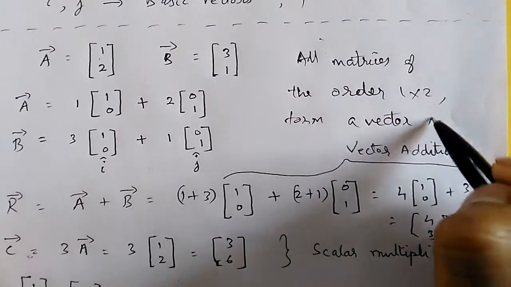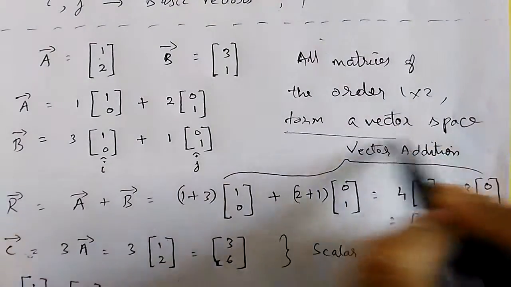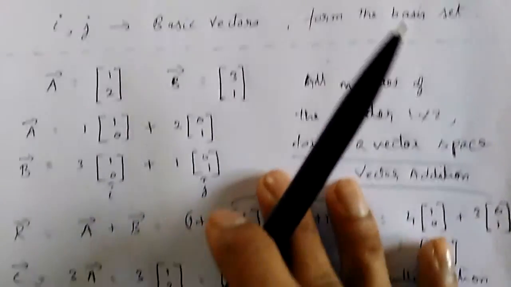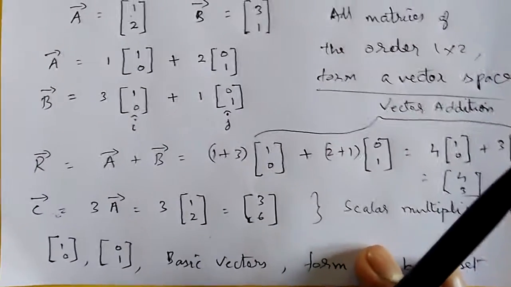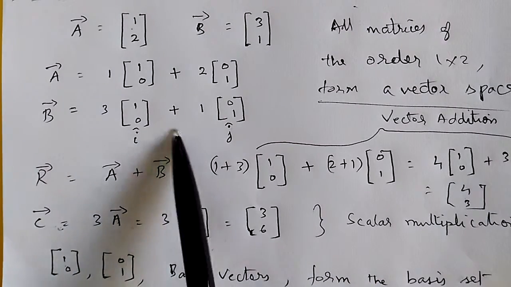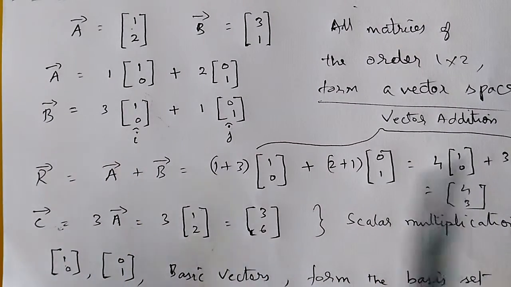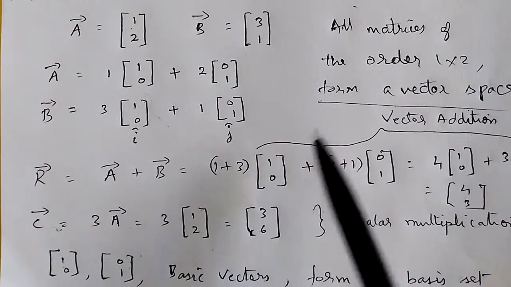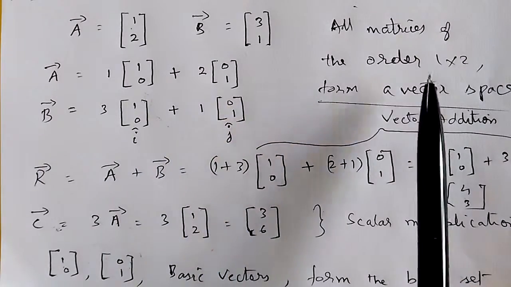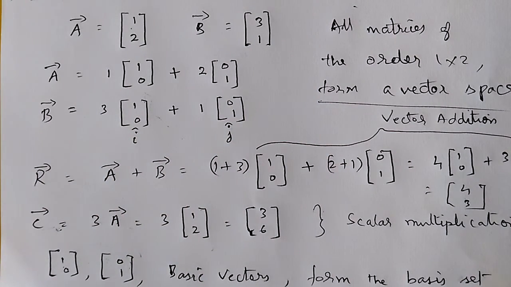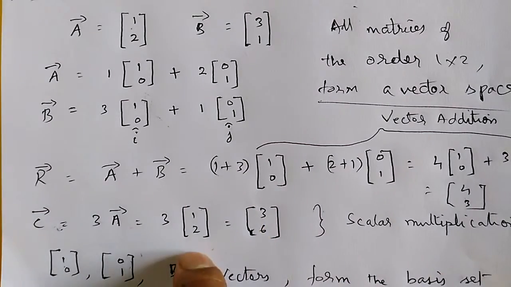A vector space simply means that each of the elements is a vector. And what are the basis vectors here? The basis vectors here are (1, 0) and (0, 1), and these two form the basis set. So yeah, that's it. Even matrices can be thought of as vectors, and they'll be used to represent different things.